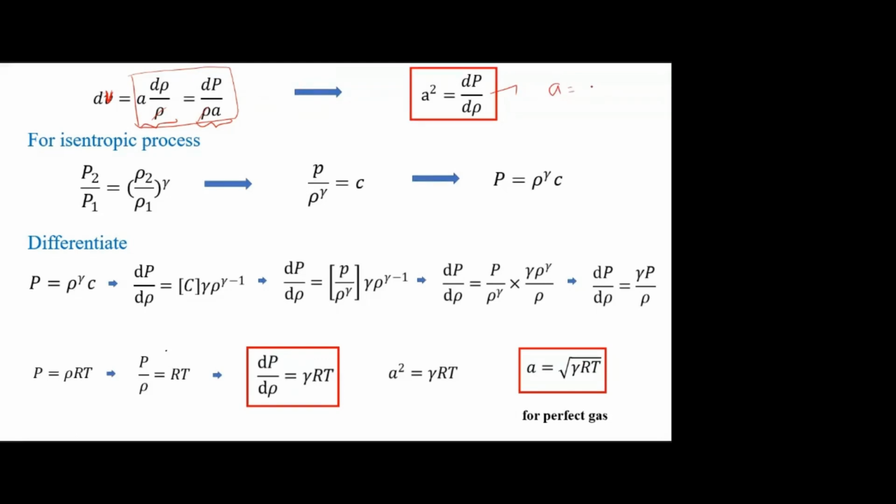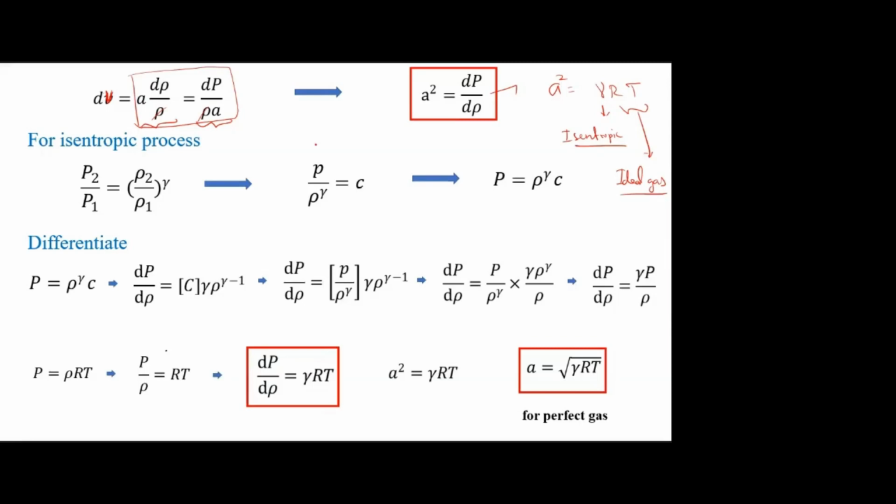But what we need is A squared equal to gamma RT. So I have to convert this P and rho in terms of gamma RT. To introduce this gamma term, I'm going to use the isentropic relation, and for this RT, I'm going to use the ideal gas law.